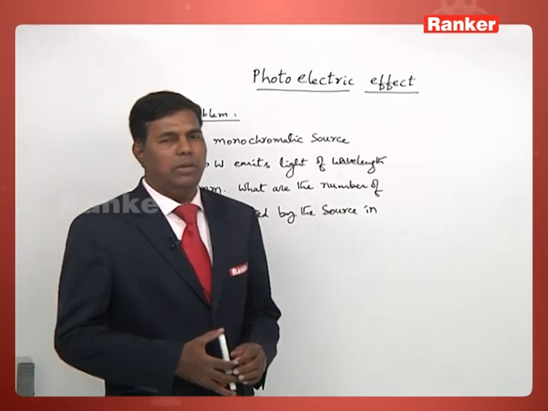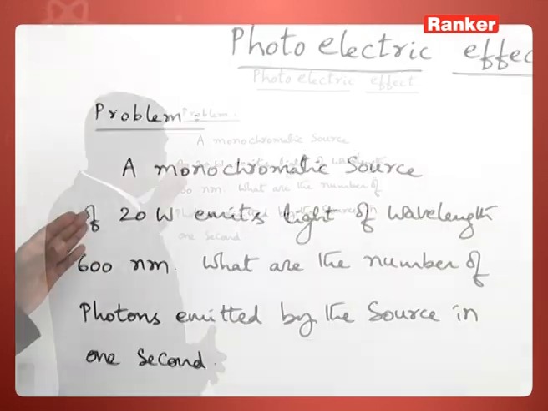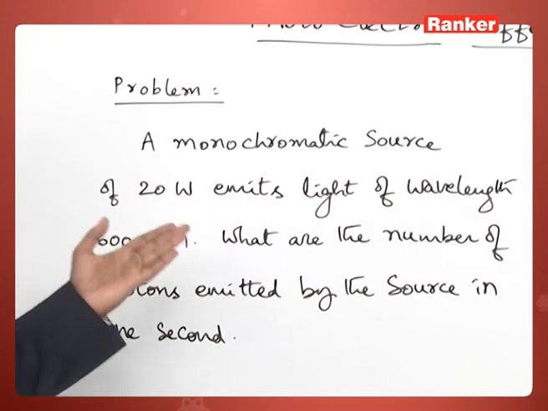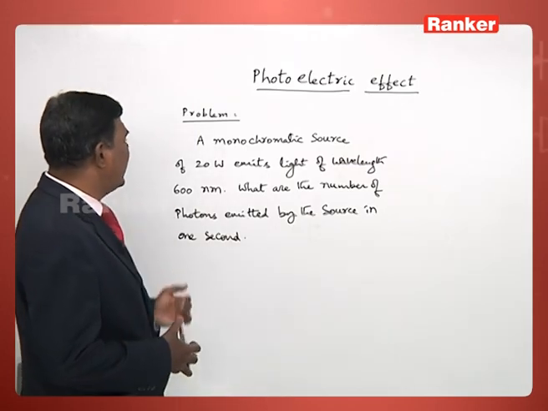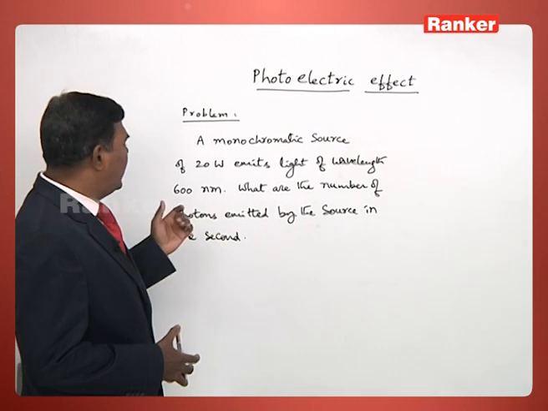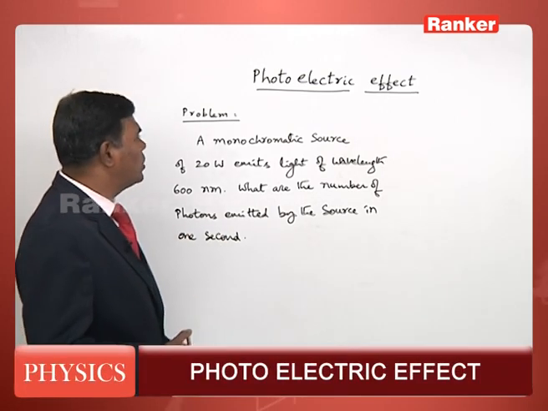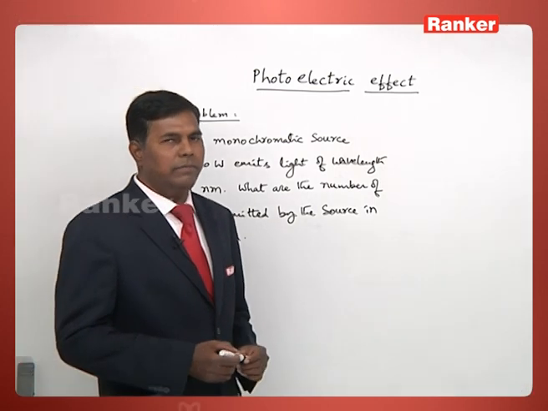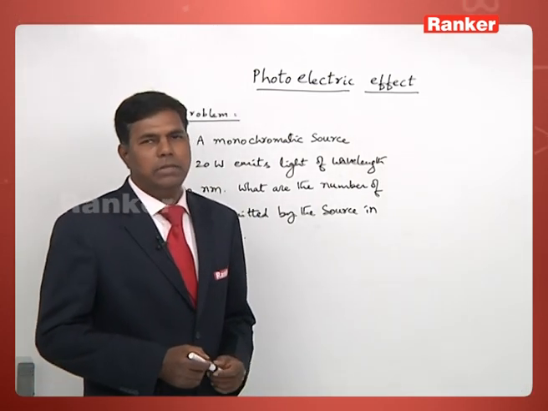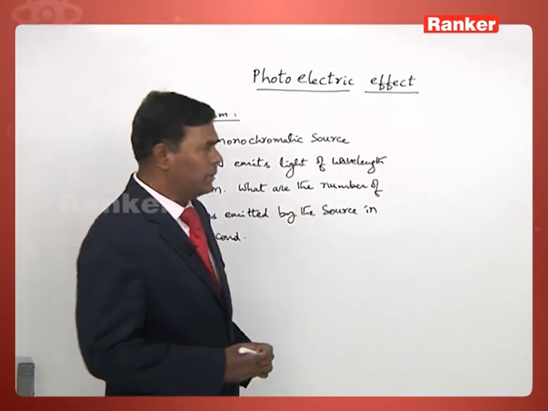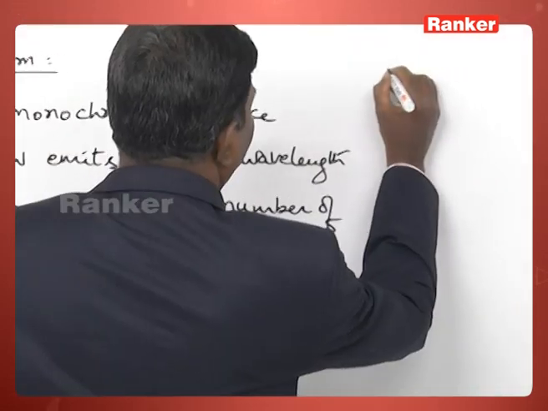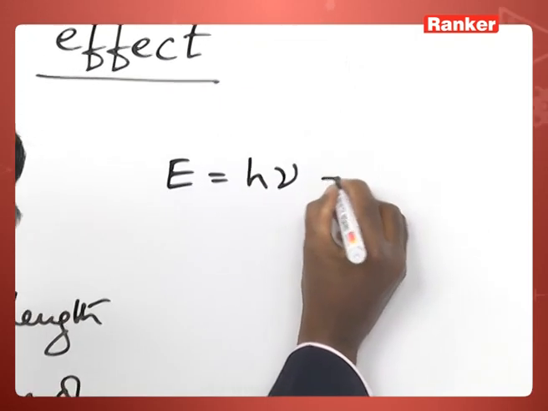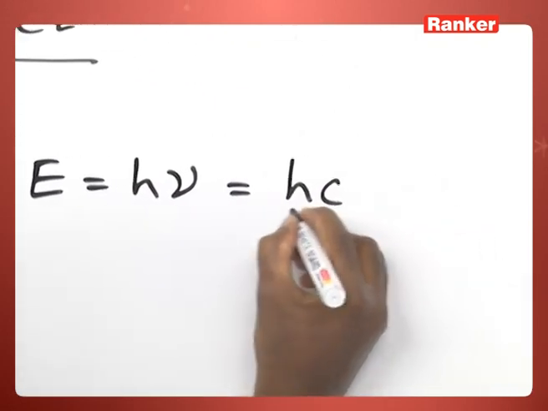Now, we will see a problem. The problem is: a monochromatic source of light having 20 watts power emits light of wavelength 600 nanometer. What is the number of photons that are emitted by the source in 1 second? Now, to solve the problem, first of all, we will calculate the energy of each photon of the source. The energy of the photon is given by h nu or hc by lambda.